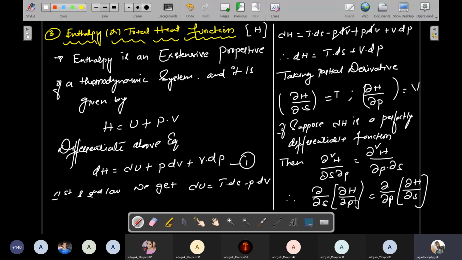So we already know that ∂H/∂P at constant S is nothing but capital V, and ∂H/∂S at constant P is nothing but capital T. So finally, I'll move to another page.